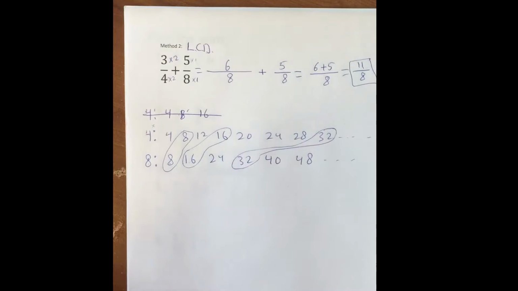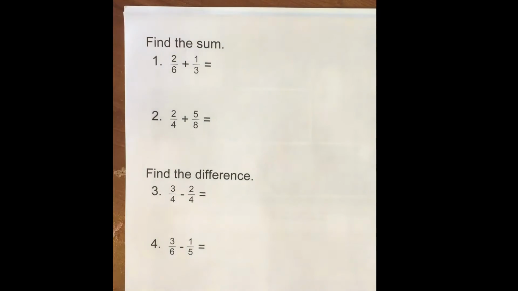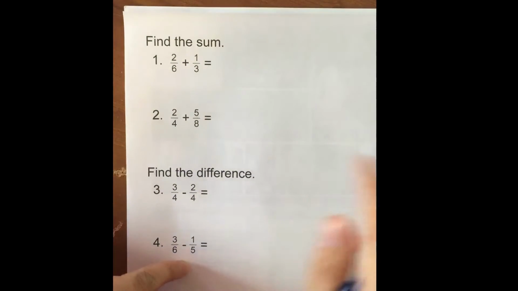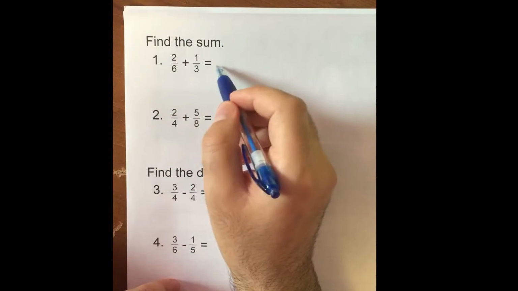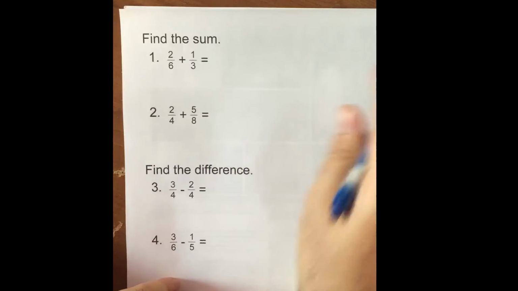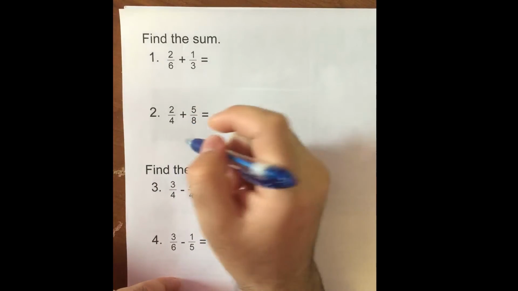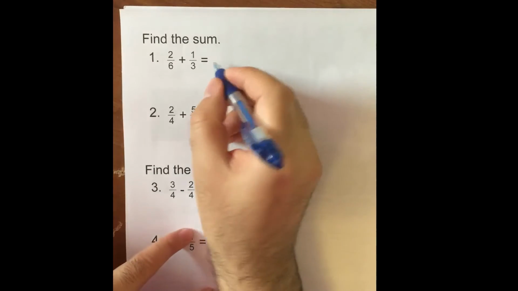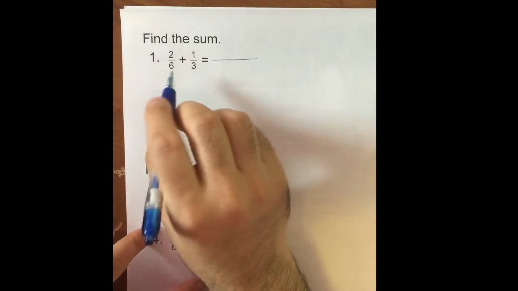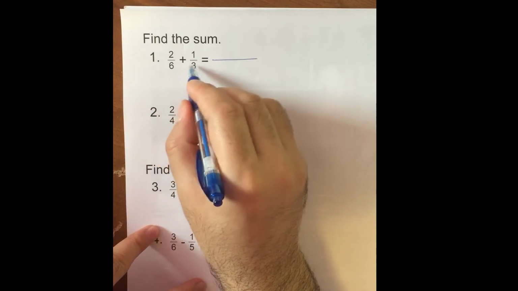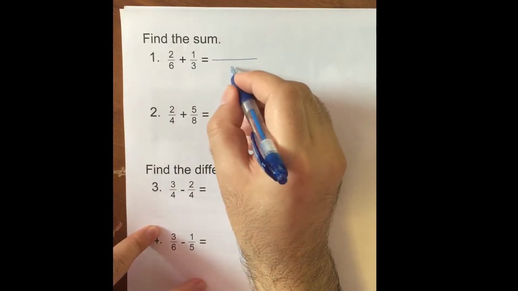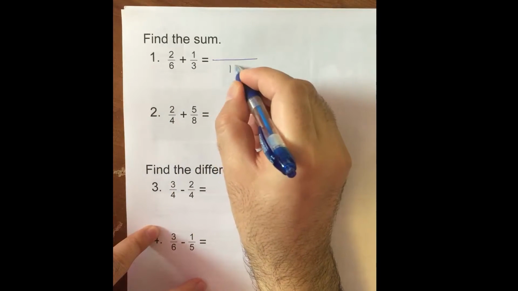I'll go over a few examples so you see how to do them. It says find the sum, so we have to add these. I will do this one using method 1 and the next using method 2. In method 1 we multiply 6 times 3, which is 18.